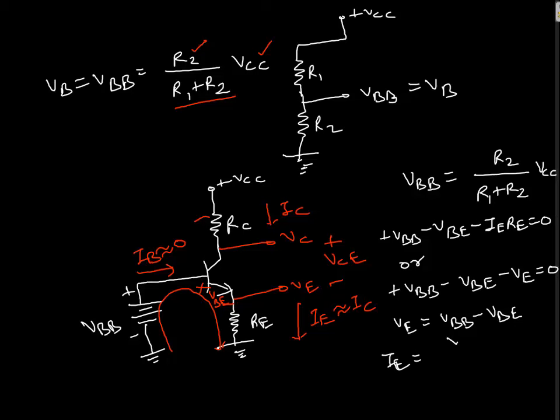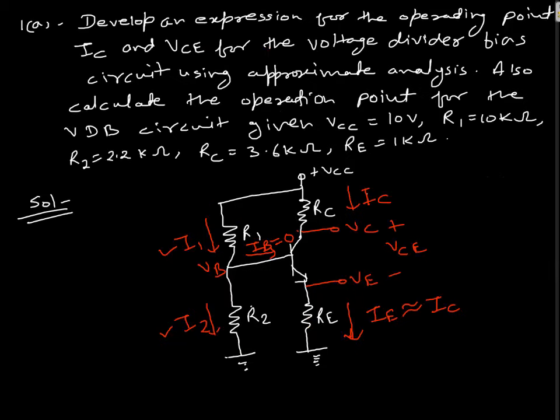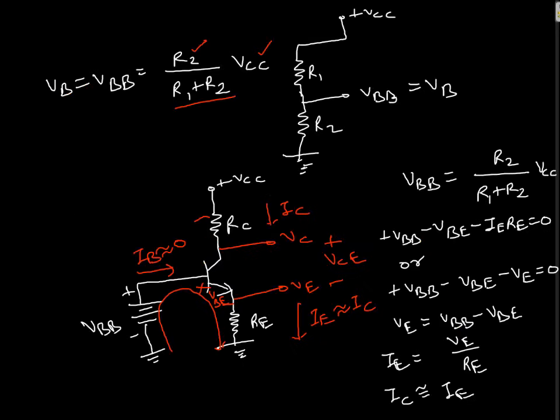Now again, if we know the value of VE, we can find the value of IE as IE equals VE by RE. We know that IC will be nearly equal to IE, and as per the question we have to find the value of IC. I missed one more part: we need to find the expression.